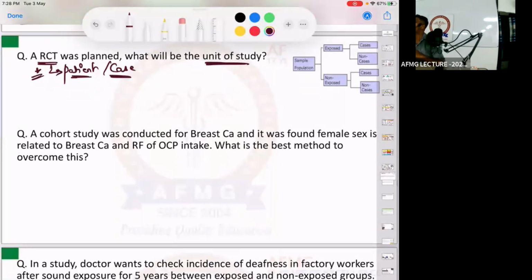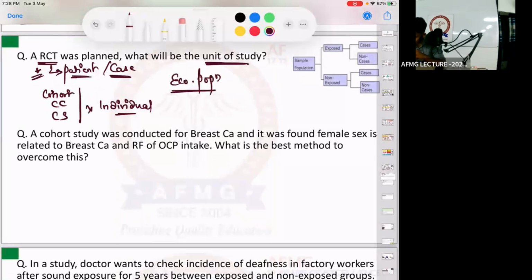Whereas if I talk about analytical study designs now, please remember the unit of study for cohort, for case control, for cross-sectional, for all of these, it would be an individual. Whereas the unit of study for ecological would be the population, and therefore it will lead to ecological policy. ठीक है, तो याद रखना.